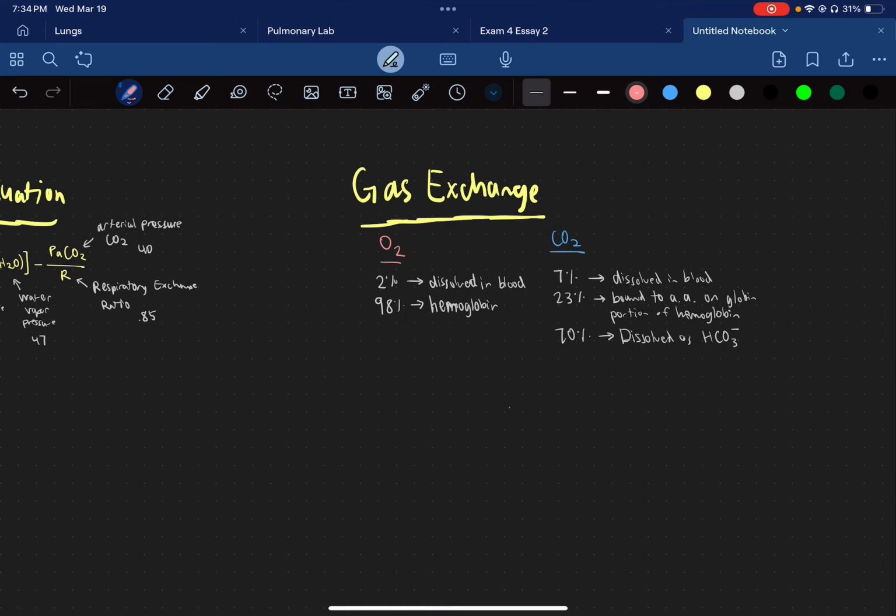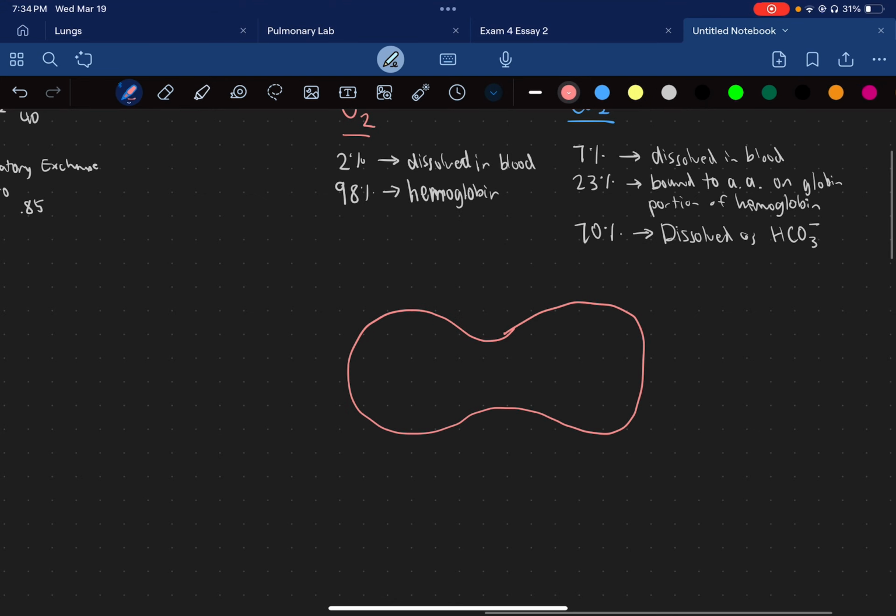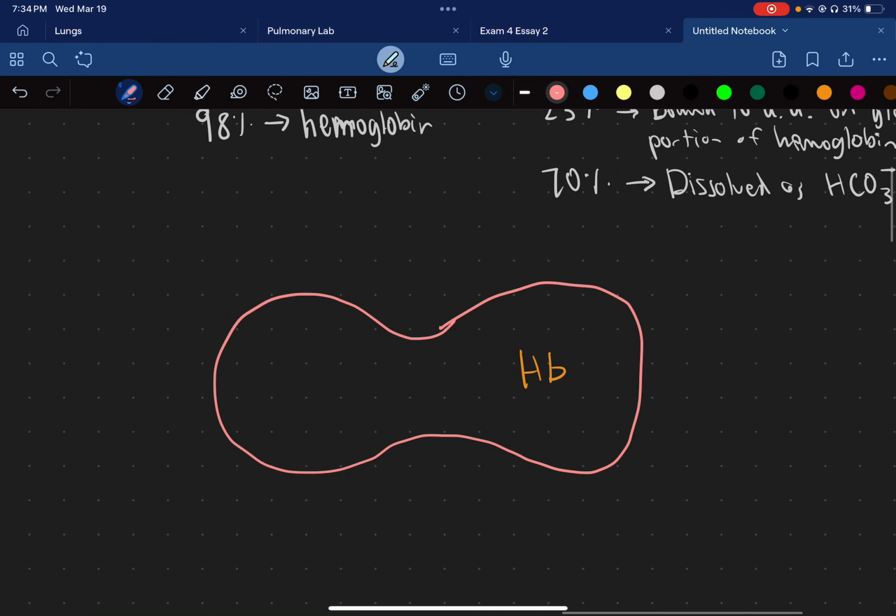Now let's draw a blood cell here with our nice hemoglobin. Each hemoglobin is able to carry 4 oxygens.